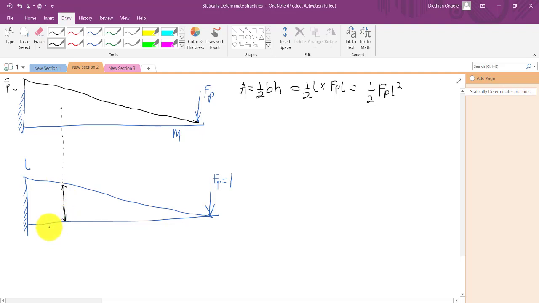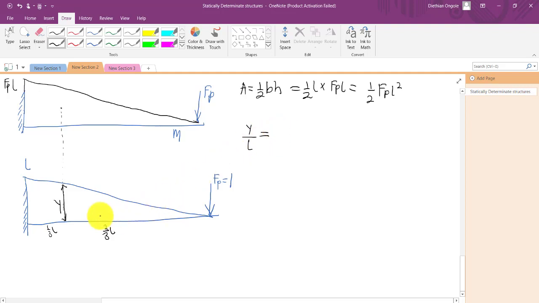If you know that this is a third L, that means this other side would be 2/3 of L. So if this is Y, we can use similar triangles to find the height. Our Y, like the height, divided by the height of the bending moment diagram, which is L, would be equal to the bases divided.